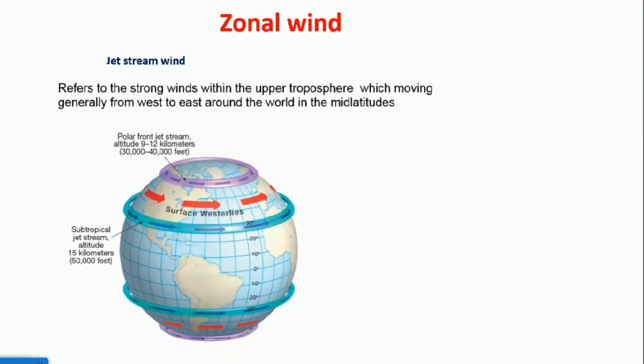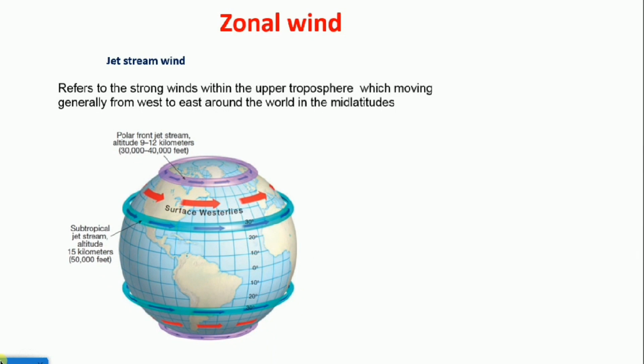The jet stream wind always moves from west to east. It always moves from west to east in mid-latitude areas such as subtropical and polar fronts or polar areas.